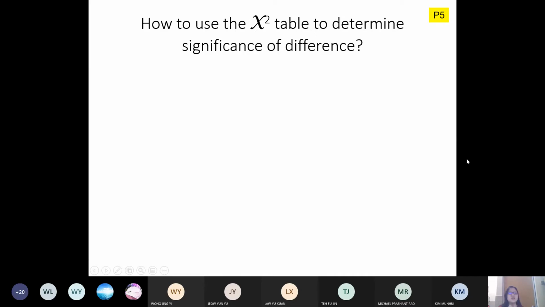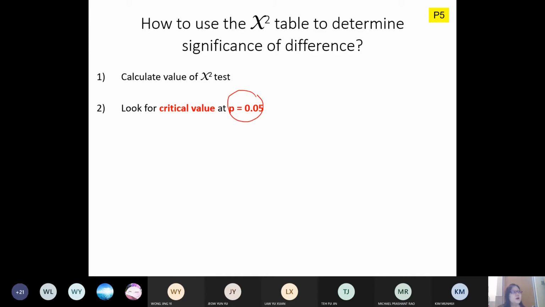Now we are going to use the chi-square table. For every test, there's a table we look at. We are going to look for the critical value at p equals 0.05. This is the standard set by the scientific community. 0.05 means there is a 5% chance that the result is due to chance.